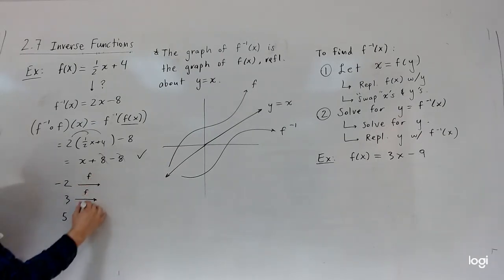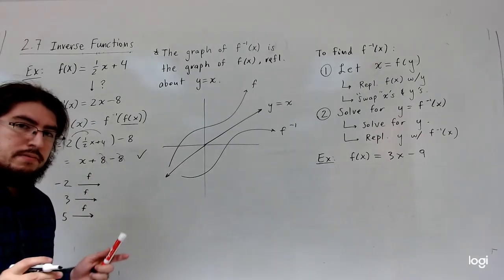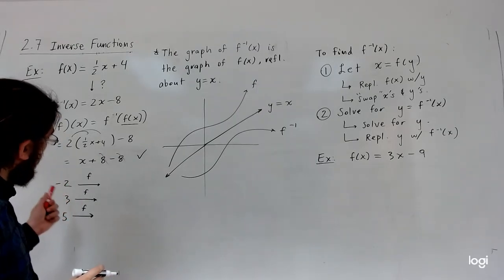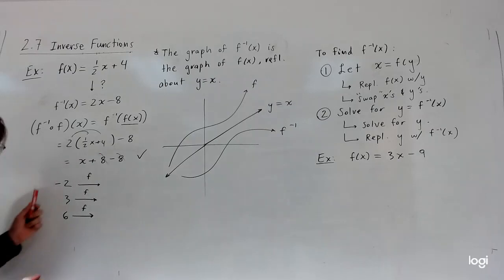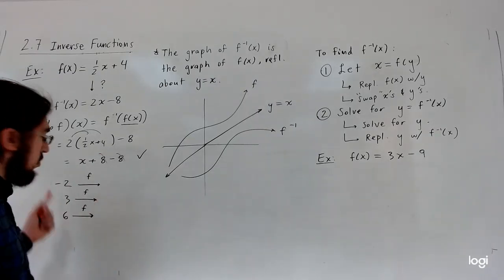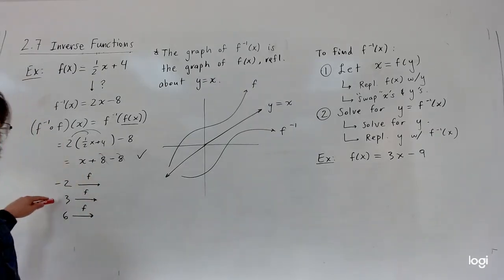And I'm going to plug them in to f. Let's see what we get. In fact, just so it's a little easier to plug in because it's 1/2 x, I'm going to make most of them even. I'll also do one odd, so we'll see that.